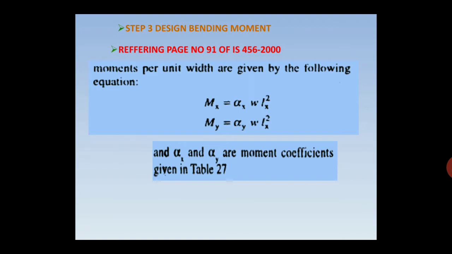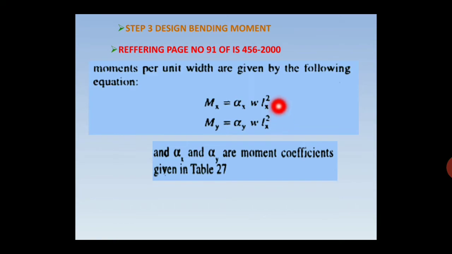The code book has given the formula for simply supported slab with corners free to lift. Mx is equal to alpha x W Lx square, that is Lx effective square, and My is equal to alpha y into W Lx square. Okay, so see here, the more important thing to be considered is that in both cases it is Lx, meaning Lx effective.